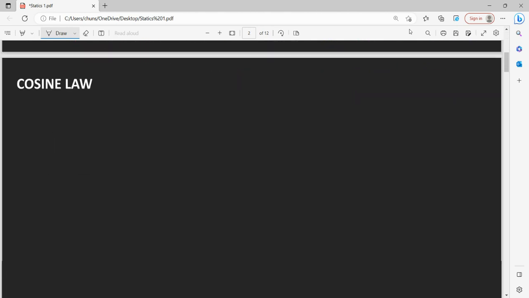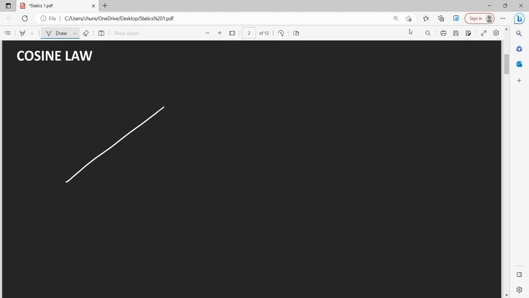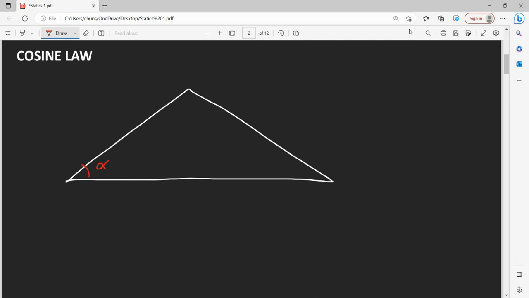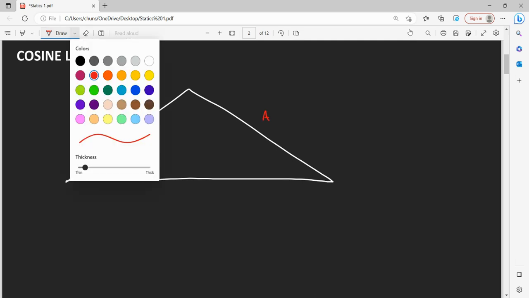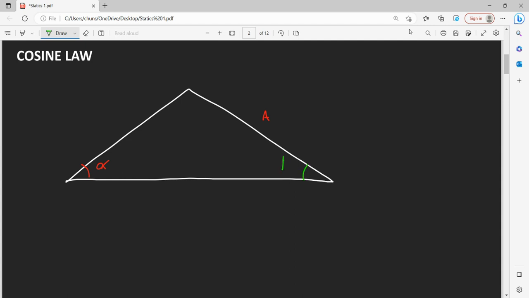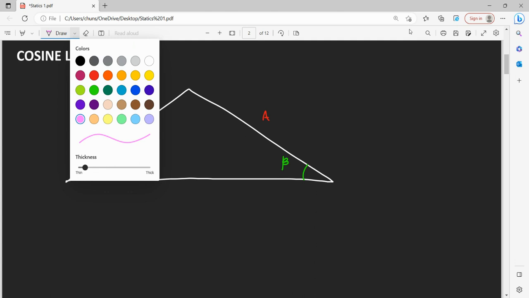So now we're going to talk about cosine law, nice and quick. Same kind of thing. So I'm going to label these again.